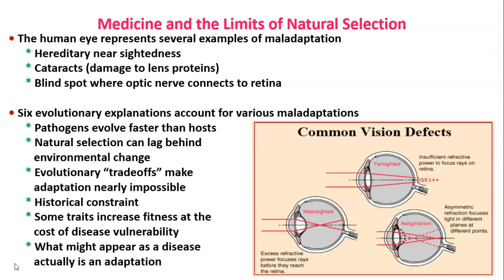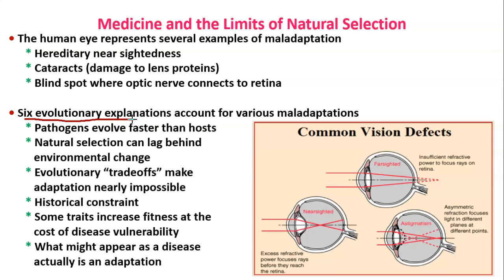So you can check that out in the bottom corner if you want. But the other aspect here is that for various maladaptations, there are 6 evolutionary explanations, alternative hypotheses for why a maladaptation might occur. So one of the big ones is that pathogens evolve faster than hosts do.